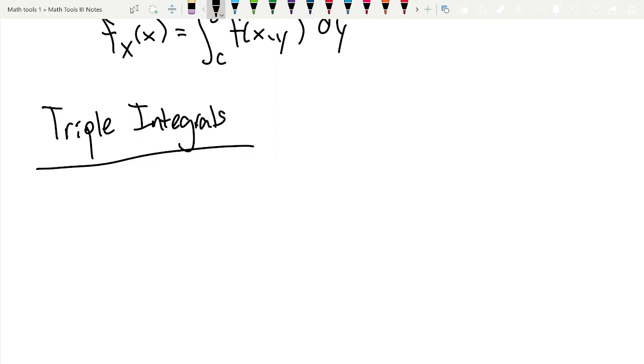As we saw, it's hard to know ahead of time which variable you're going to want to integrate with respect to first. So if you're adding more integrals into the mix, you have more choices and more areas to run into trouble, not knowing how to turn it around. For that reason, a lot of the triple integral examples are going to be pretty basic functions where you don't really need to worry about that. But if there was a real world scenario where it came up and you needed to actually do that, it can be pretty complicated.